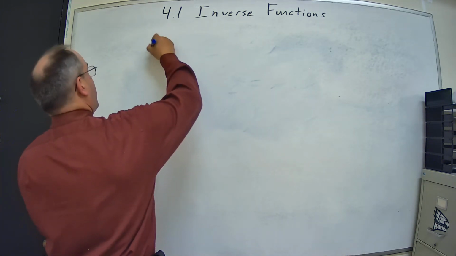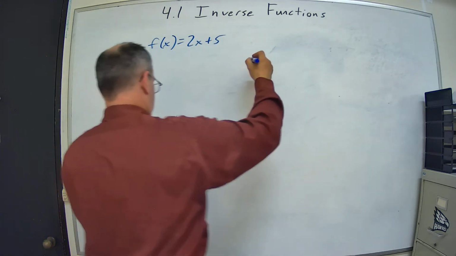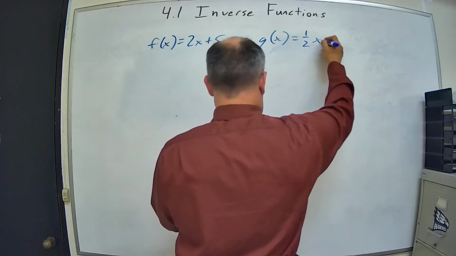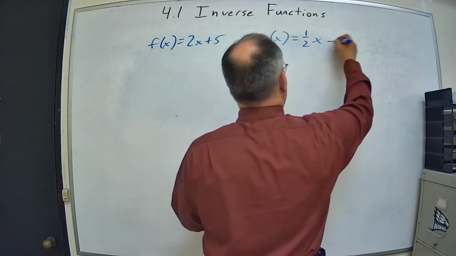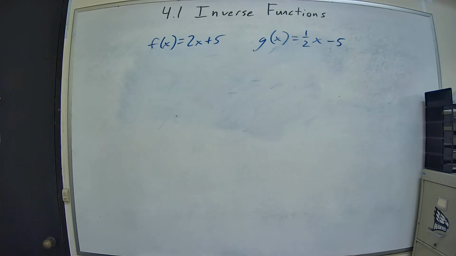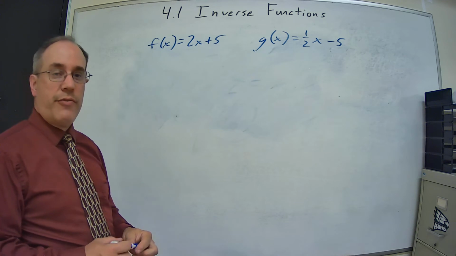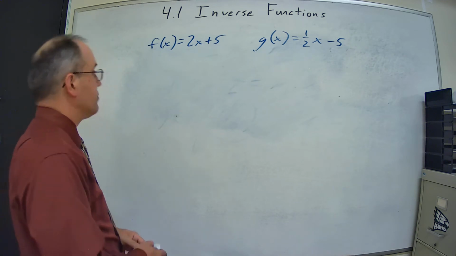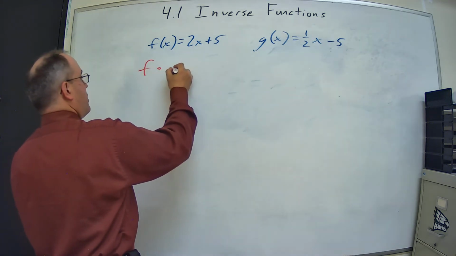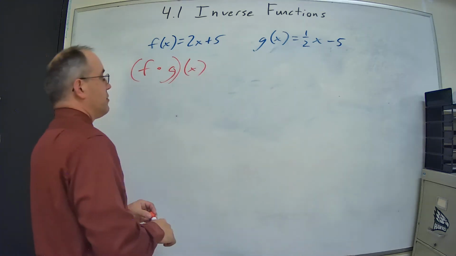Let's say we have f of x is equal to 2x plus 5, and g of x is equal to 1/2 x minus 5. So we have these two functions, and we want to find out, are they inverse functions or not? So start out with f of g of x.